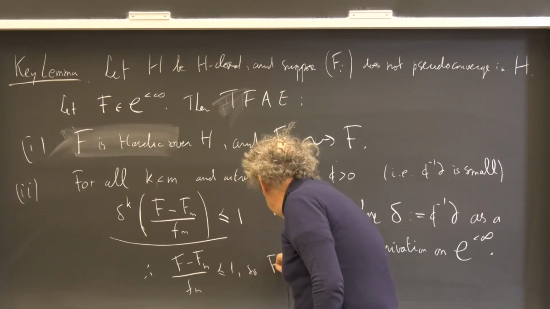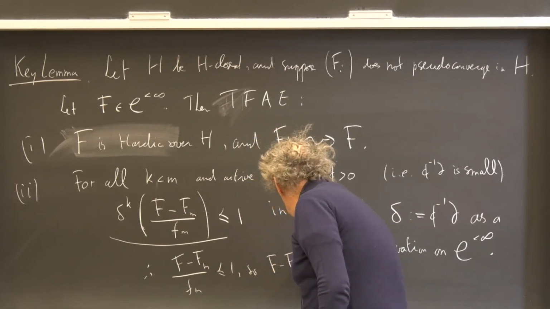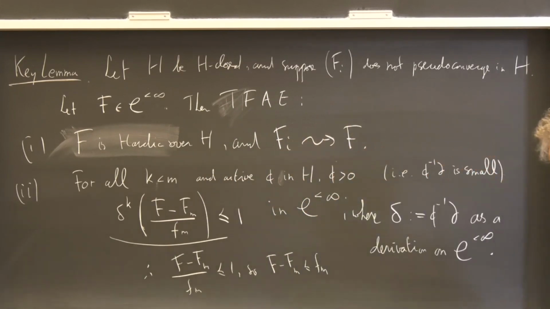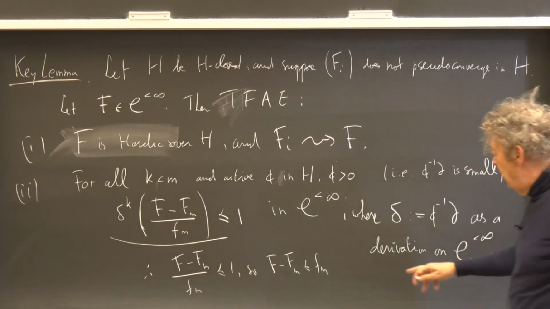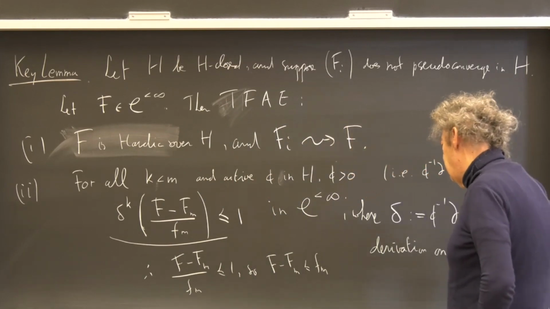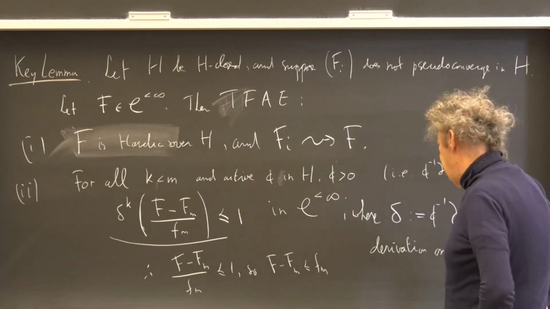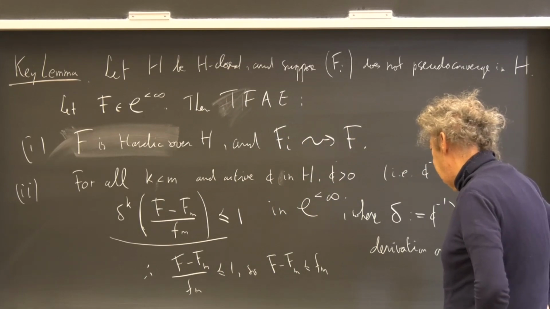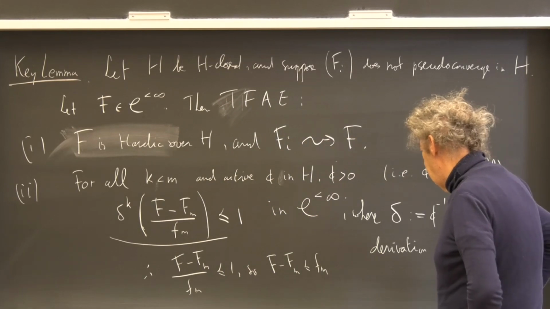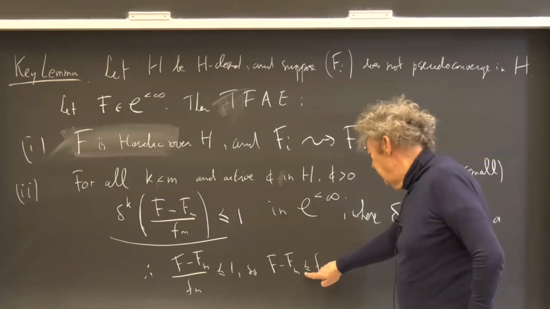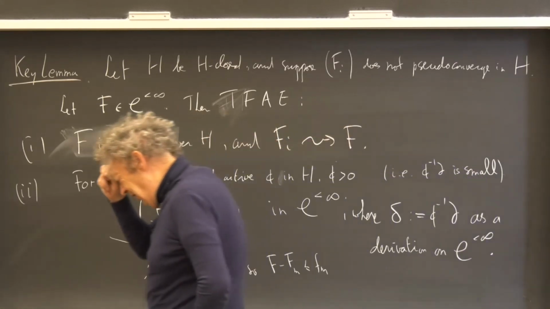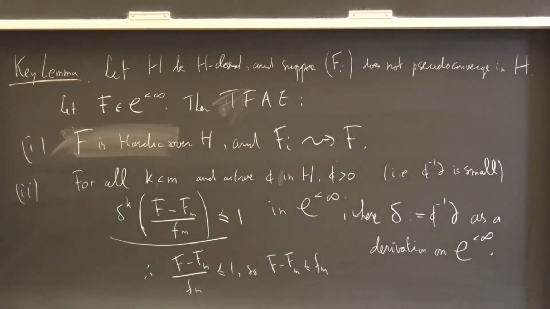So F minus Fm is dominated by Fm, but Fm dominates Fm+1. Wait a minute. Yes, Fm dominates Fm+1. So this is not exactly the same as strictly dominated, but in some sense it doesn't make any difference. Why is that?